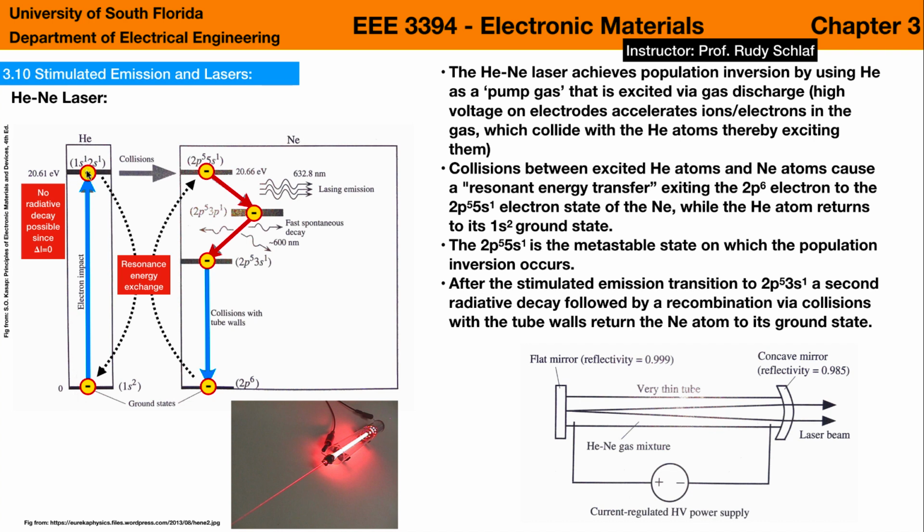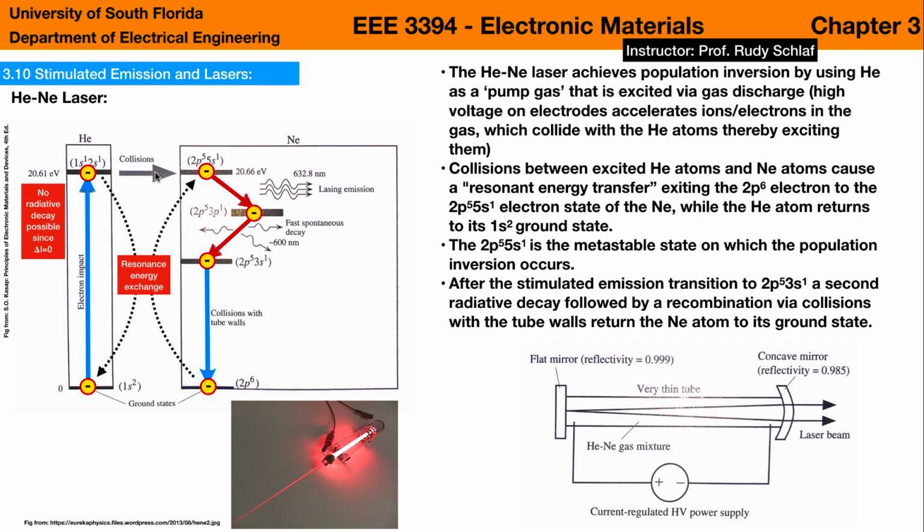So these helium atoms that are floating around in the gas now, these excited helium atoms, they have a problem. They cannot radiatively decay into their ground state because the selection rules would be violated. You see, L is the same everywhere, because we have S, S, and S, and so this electron cannot decay under emitting radiation, and so it sits up here and waits for something to happen.